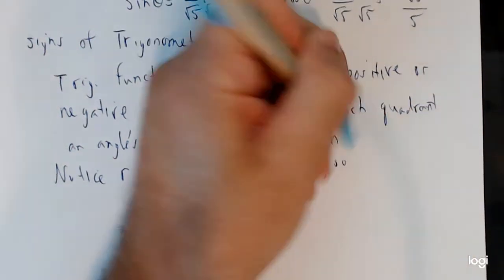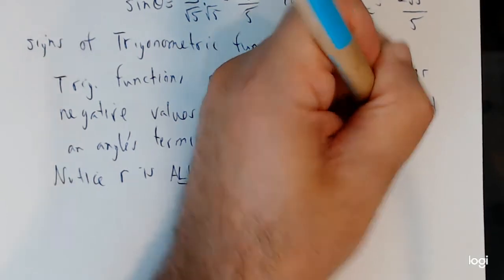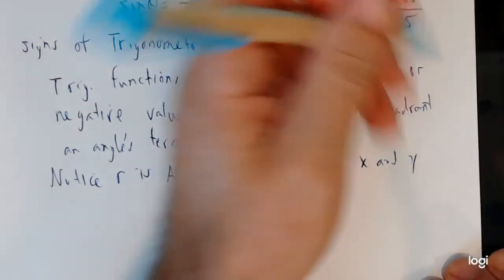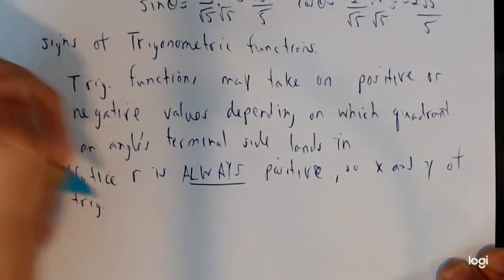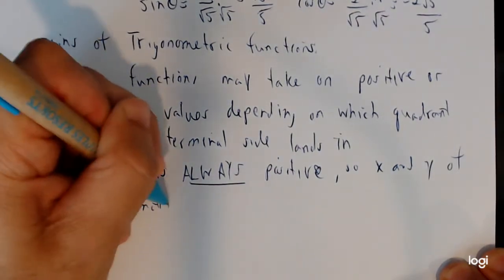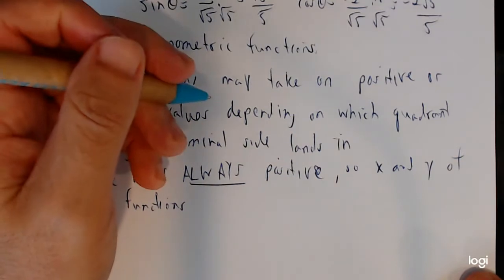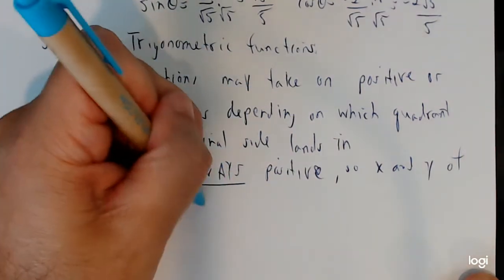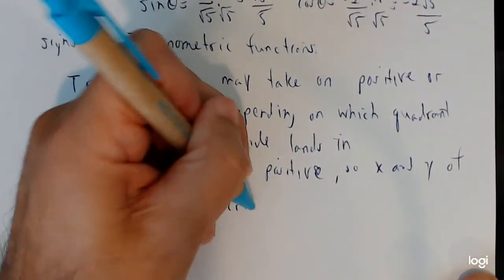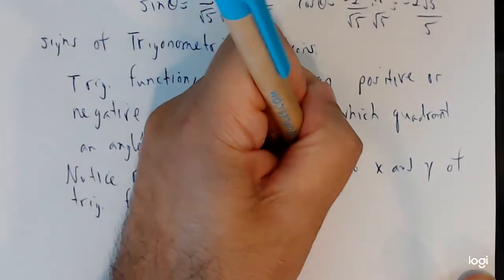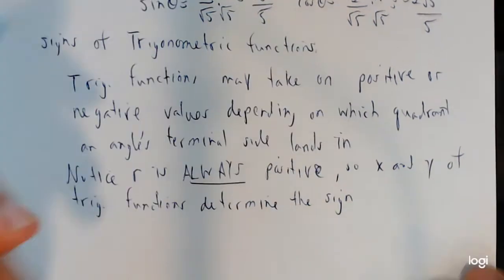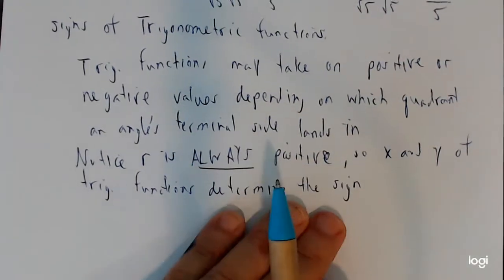So in other words, x and y of trig functions determine the sign. Okay, so that's kind of what we're going with.